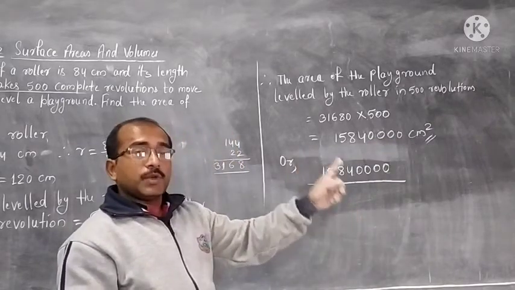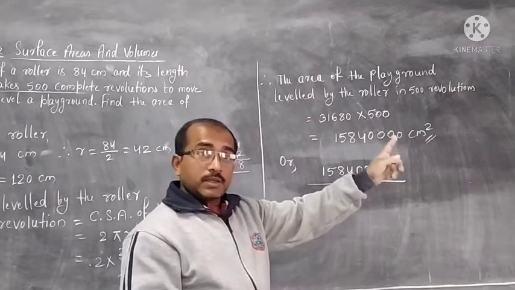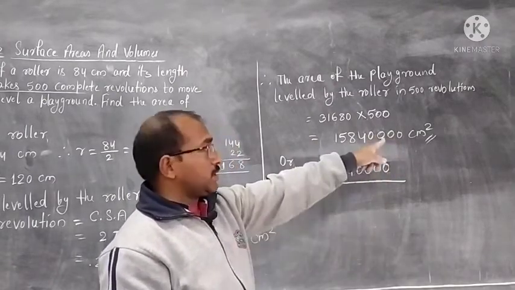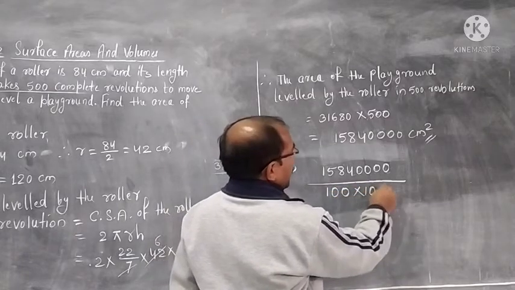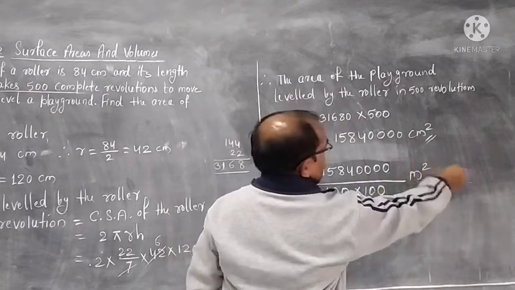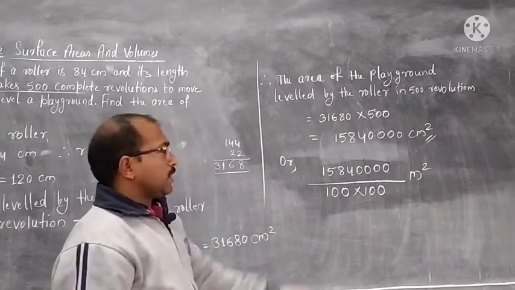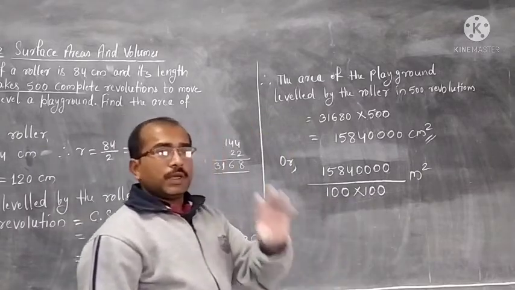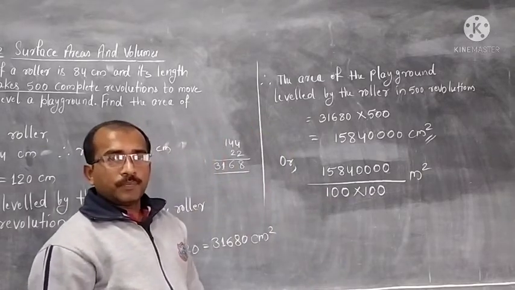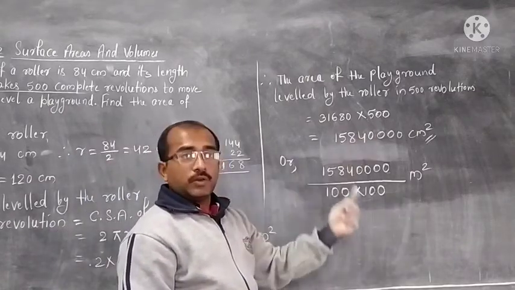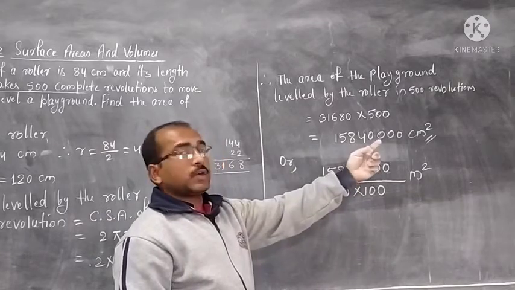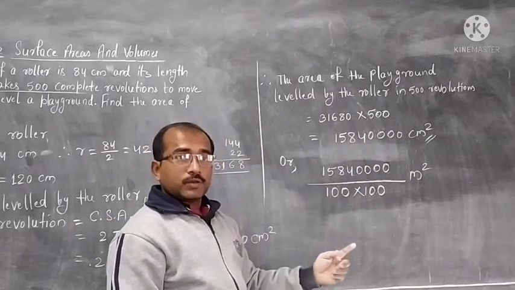100 centimeter equals 1 meter, and it is centimeter square. So, 100 into 100, we can write it here as meter square. Sometimes seeing this 100 into 100 we get puzzled about where it came from. I did not ask you to convert centimeter into meter, I asked you to convert centimeter square into meter square.